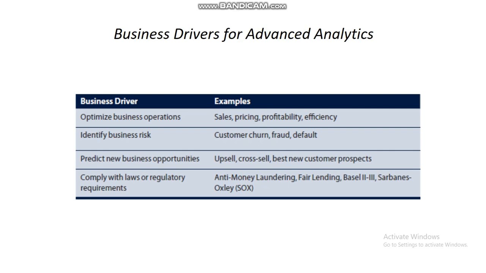So what does it stand for? It's one of the acts established for shaping auditing and financial regulations for public companies. I'm talking about these business drivers for advanced analytics, which are a step ahead of the basic drivers for big data.